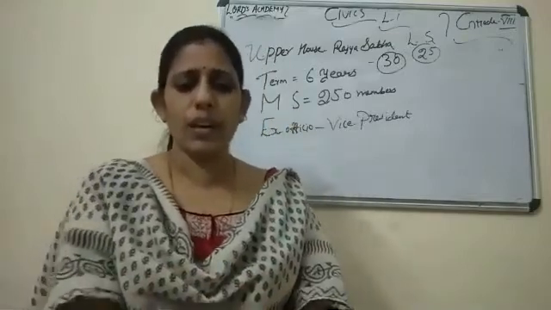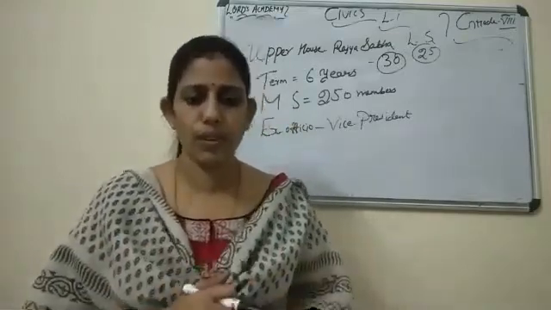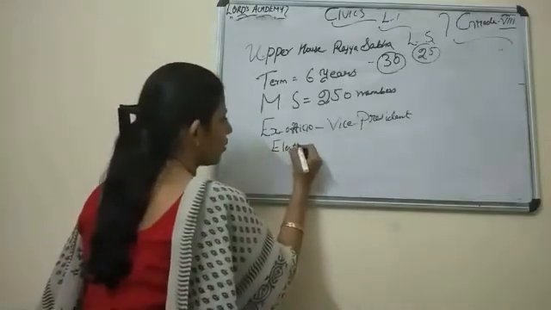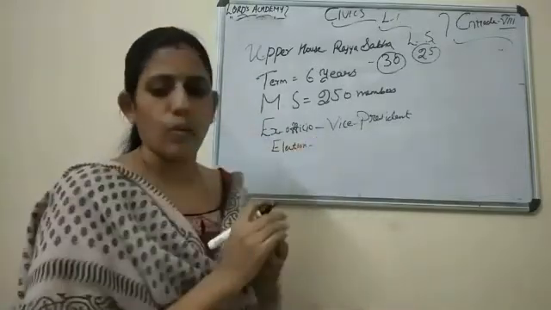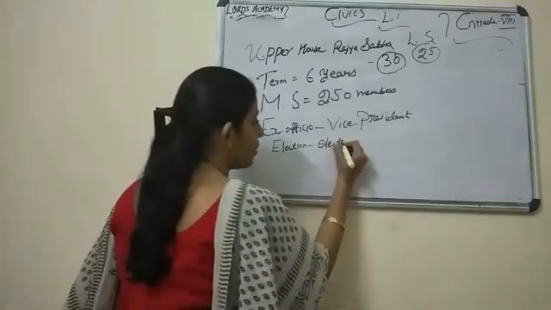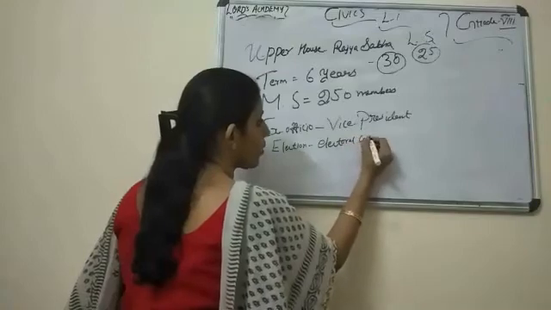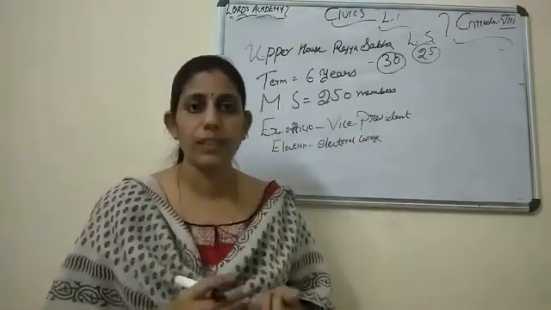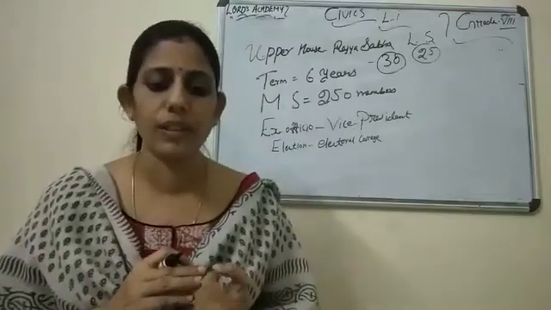Next one, the Vidhan Parishad, the Legislative Council. Again there is a procedure for the election, and there are 5 points. One-third of the members are elected by an electoral college. Who are included in that electoral college? Members of municipal committees, district boards, and local self-governments in the state.